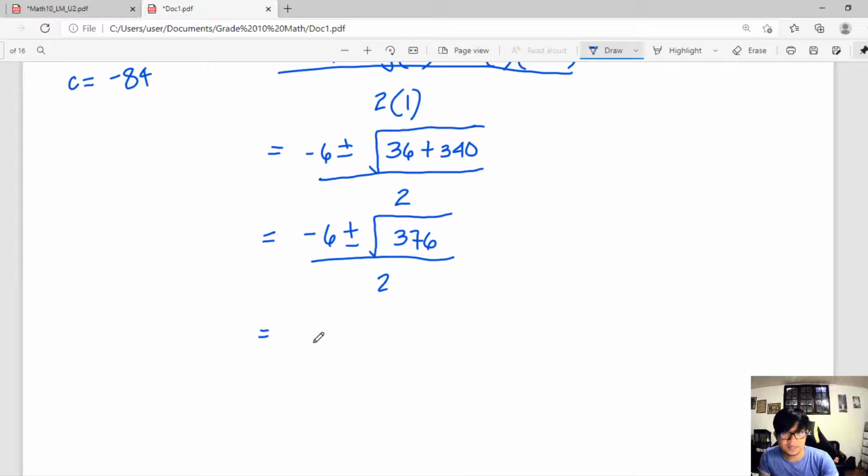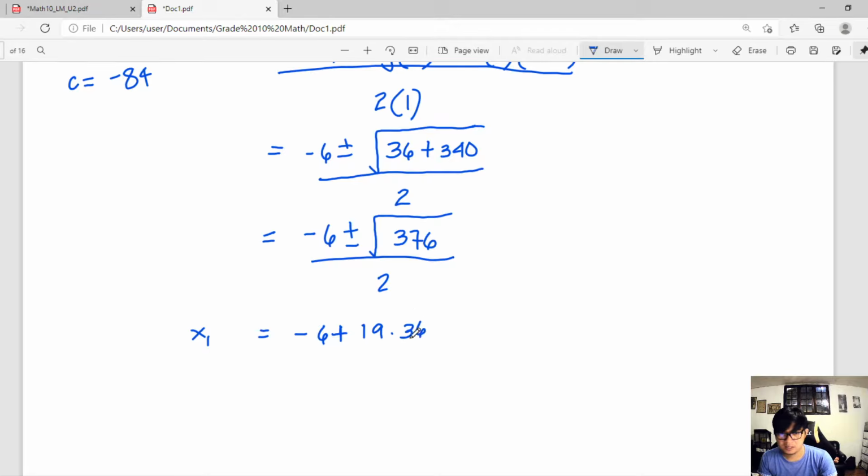So it will become: the first one is negative 6 plus 19.36 over 2. This is x sub 1. We name it x sub 1 because we have two values of x, because of the plus minus.